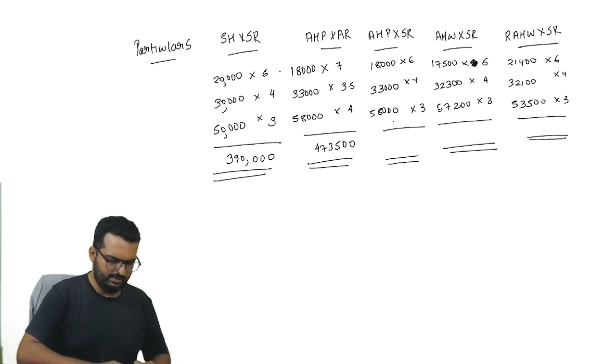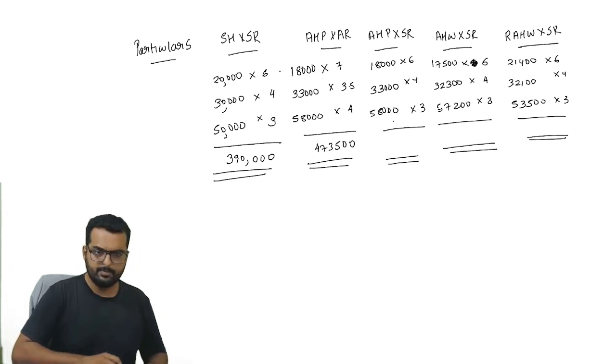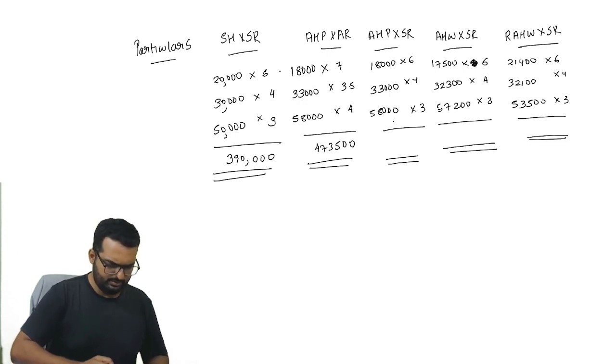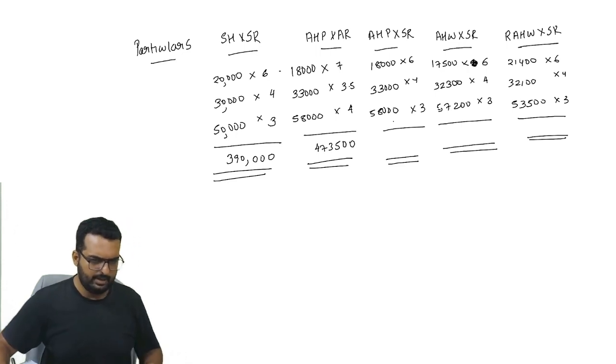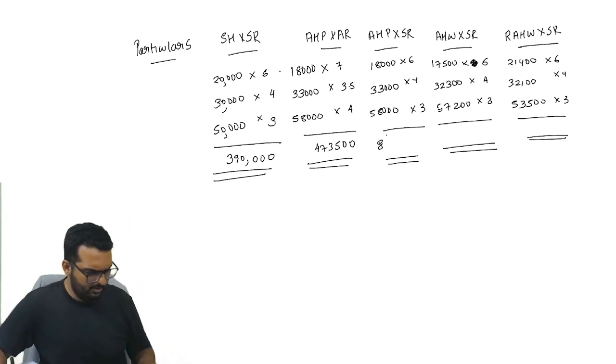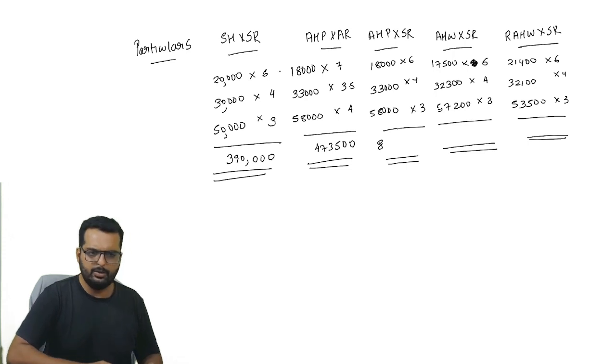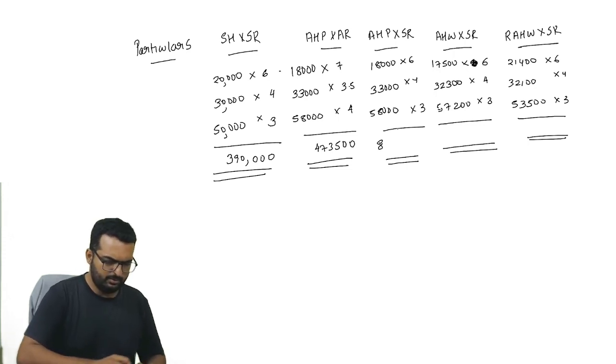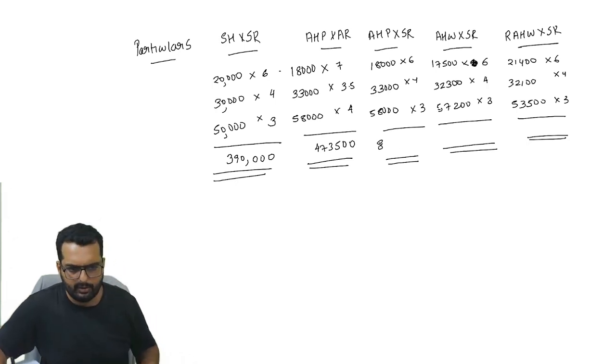Then you have what? 18,000 into 6, 33,000 into 4, and 58,000 into 3. 8 lakh 87,500. I think I forgot to remove the earlier memory recall. 18,000 into 6, 33,000 into 4, 58,000 into 3: 4 lakh 14,000.